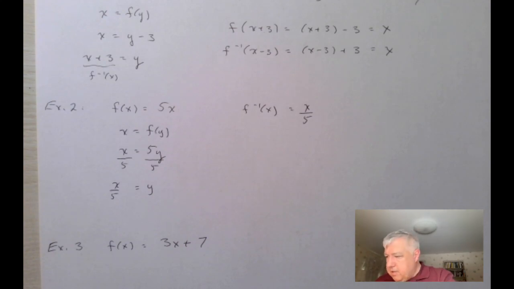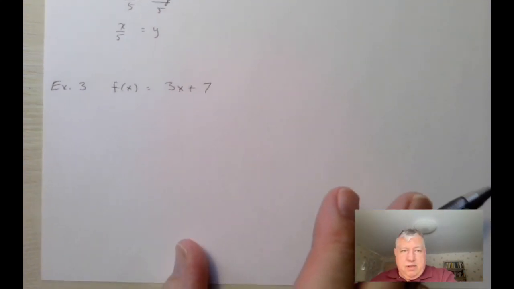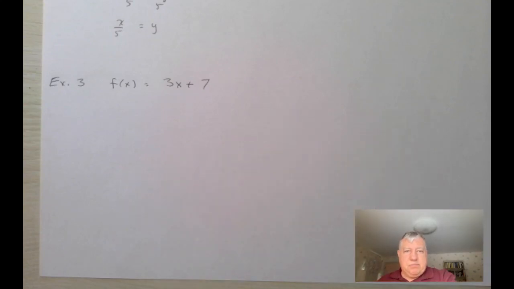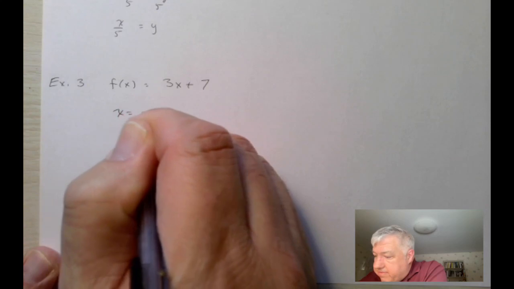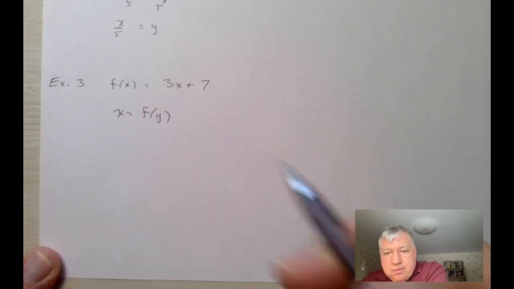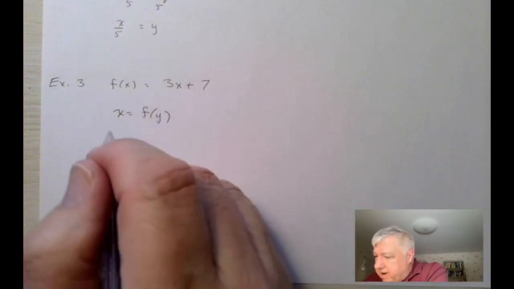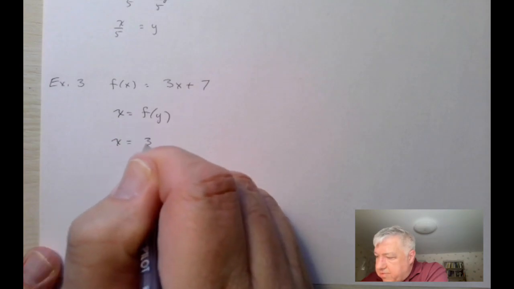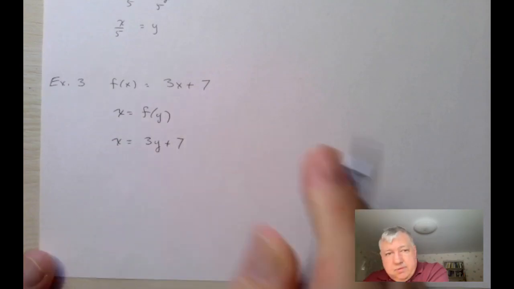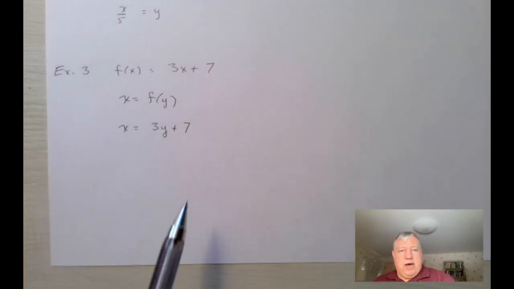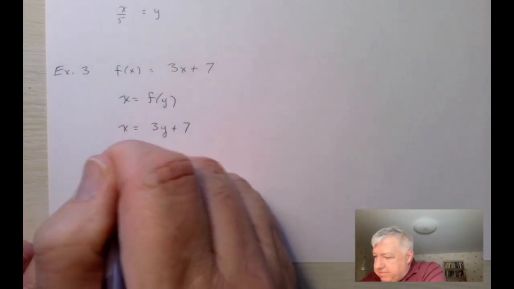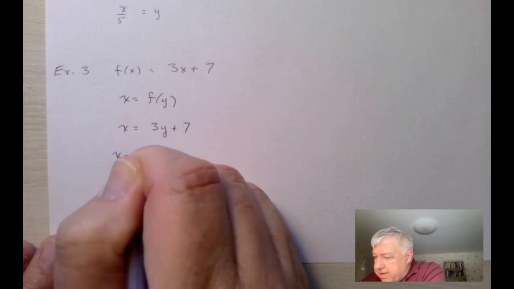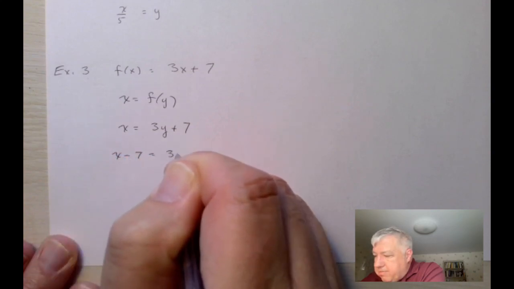Okay. Let's take something a little bit different, like 3x plus 7. We do the same thing to find the inverse. x equals f of y, so x equals 3y plus 7. Okay. We want to isolate the y, but first we'll take care of the 7, so we subtract 7 from both sides, and we get x minus 7 equals 3y.